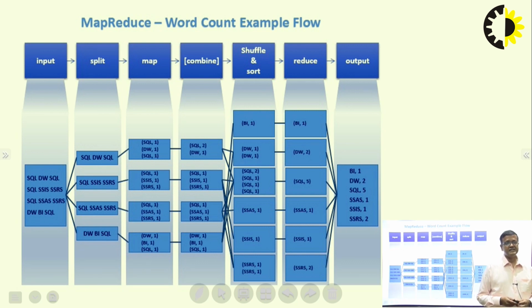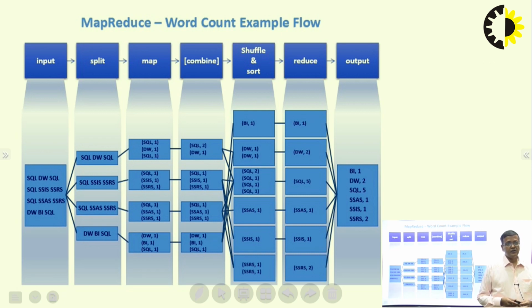For example, under the shuffle and sort column, we see SQL comma 2 and SQL comma 1, SQL comma 1, SQL comma 1, and all these values are coming from four different documents. What the reducer will see conceptually is SQL comma 5 ones, and that will be aggregated by the reduce as SQL comma 5, which will be the reduce output, and which will finally be collected in a file in the output function.